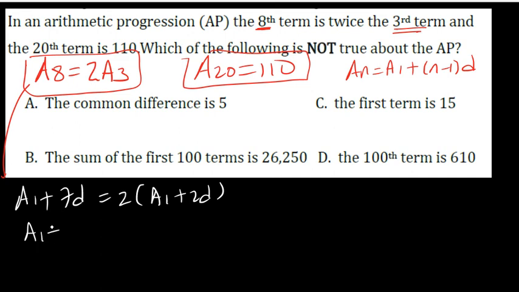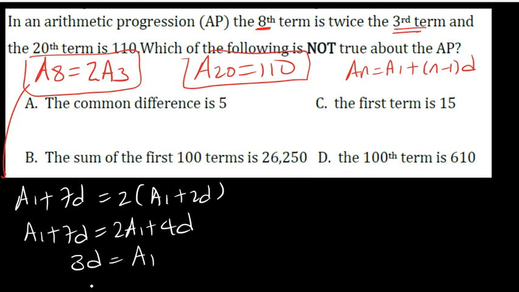So a1 plus 7d is equal to 2a1 plus 4d, and if you reshuffle, 3d will be, because the 4d will come and be subtracted, equal to a1. Keep this one.